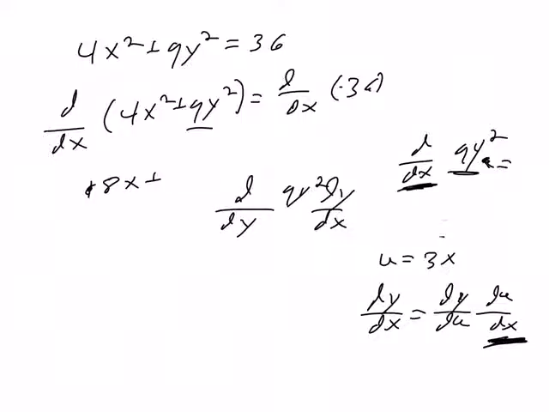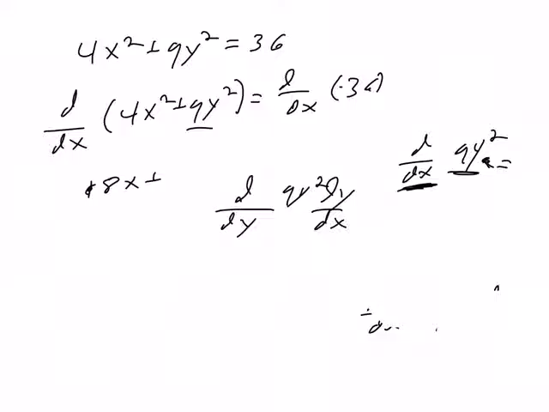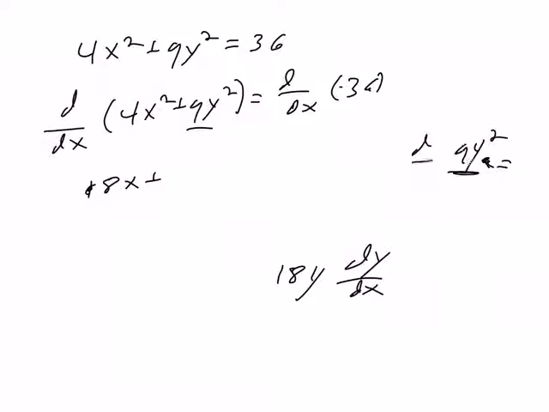The notation might be a little tricky, but that's what we get. Or in other words, what we're going to get is 18y and then dy over dx. That's equal to 0.